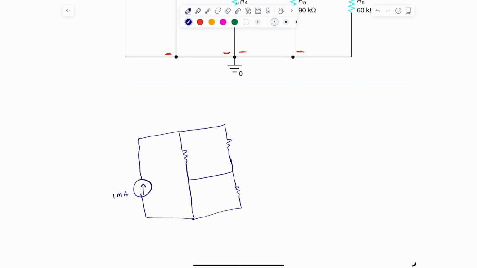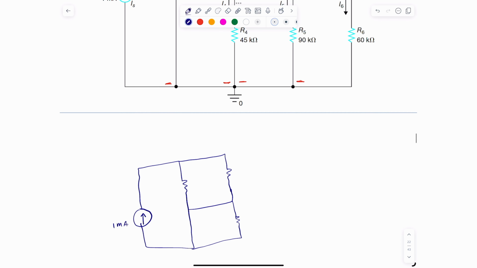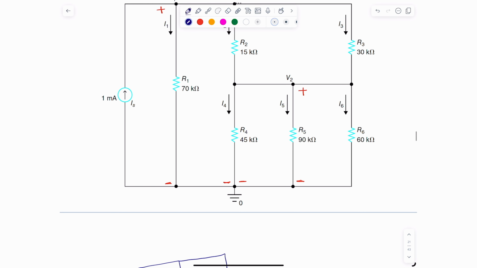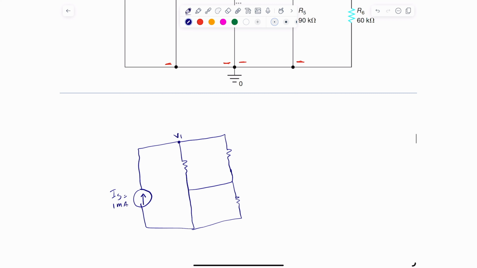So this is IS, and I know that it's 1 milliamp, and I have one resistor in here, so that basically is V1. This is actually the ground. Sometimes we draw the ground this way.